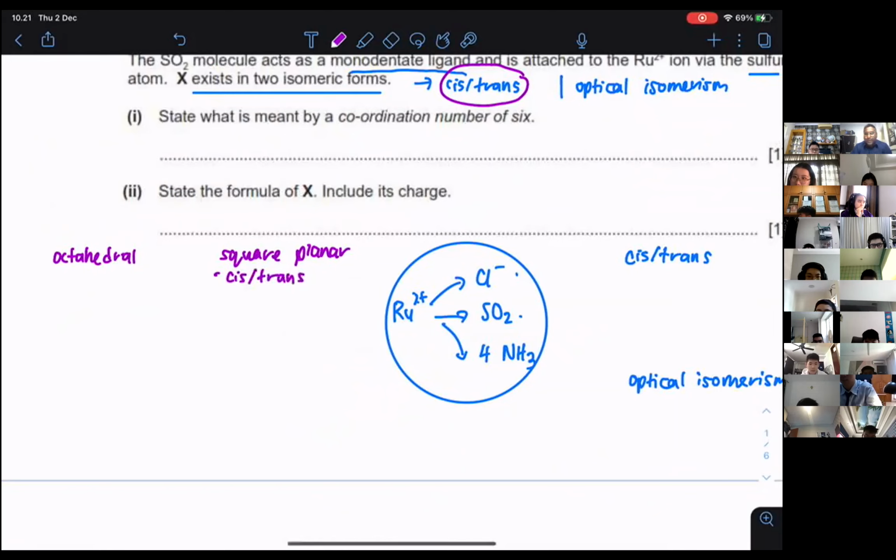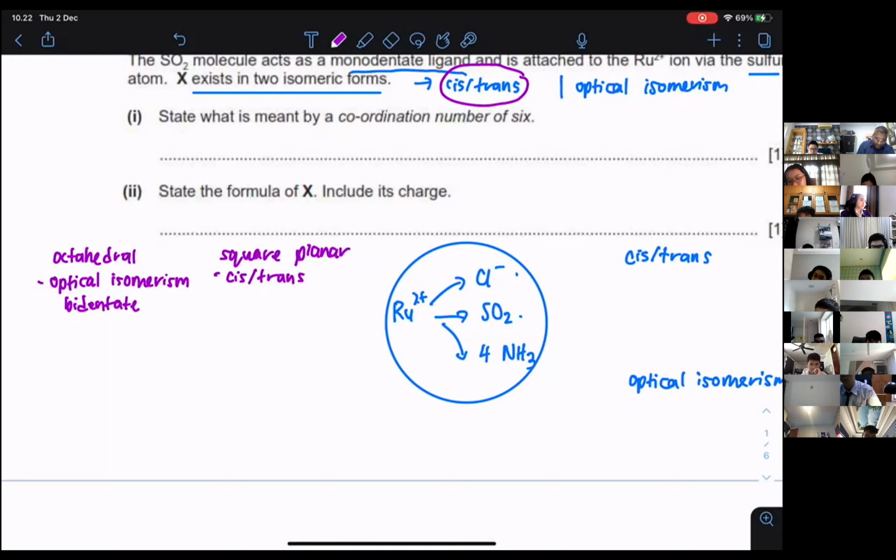And then for the octahedral, we learn about optical isomerism in your textbook, where the example is given with the bidentate ligand. I even went through this also, the bidentate ligand En and OX. So it must be bidentate. It means coordination number is still 6, but it's bidentate, in order to form the optical isomerism.